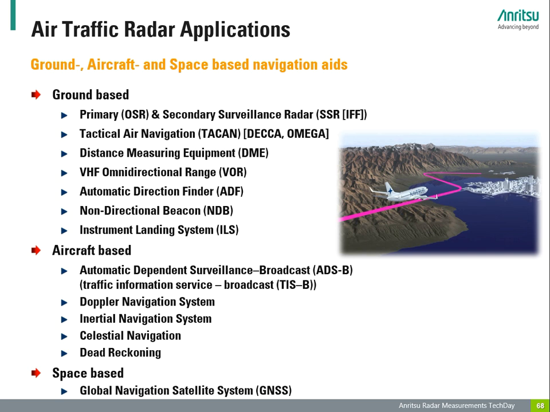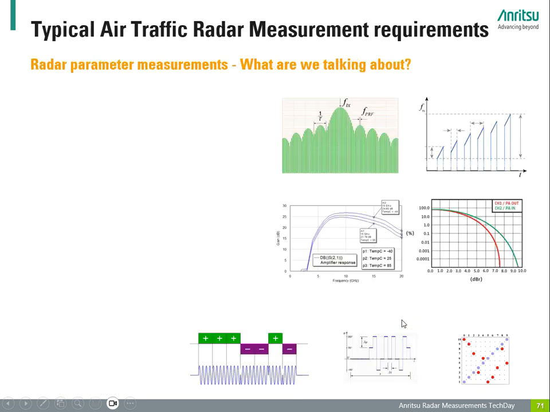Here in our webinar, we are focusing on primary and secondary surveillance radar applications, so-called PSR and SSR, distance measurement equipment, and on automatic dependent surveillance broadcast. Focusing means here that we are using these signals to demonstrate the measurement capabilities of different instruments.